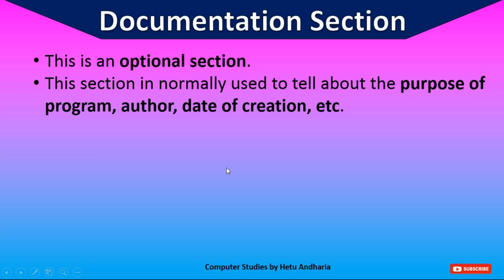No, it's not compulsory. These types of things could be typed here. Purpose of the program means what the program is. For example, if you want to create a program to add two numbers, then you can write in documentation that this is a program created to add two numbers, like that.